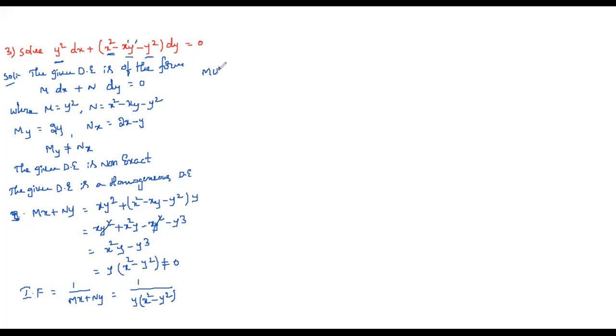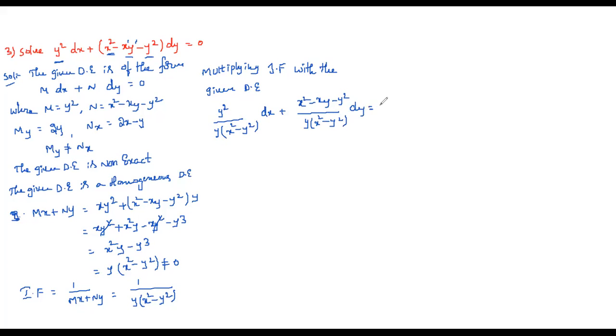Multiplying the integrating factor with the given differential equation, what will we get? y square into 1 by that, that is y into (x square minus y square) dx plus (x square minus xy minus y square) by y into (x square minus y square) dy is equal to 0.